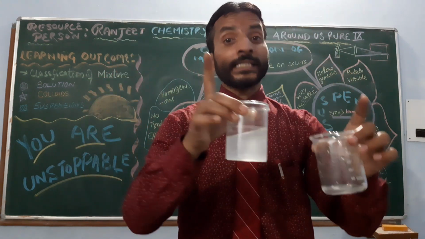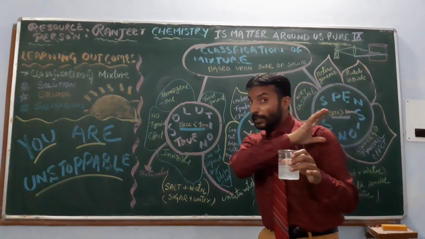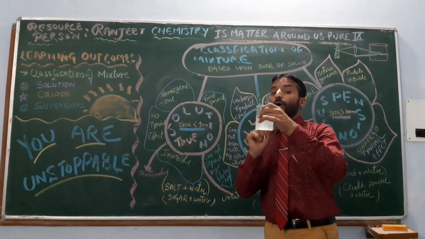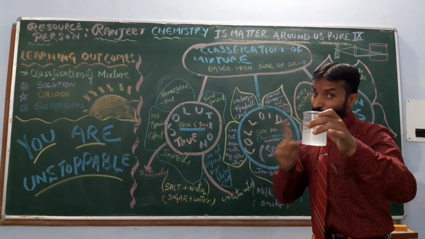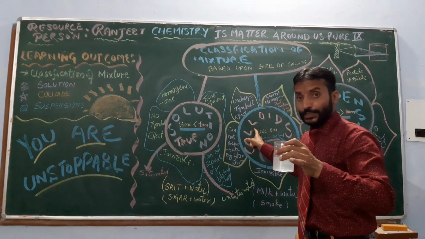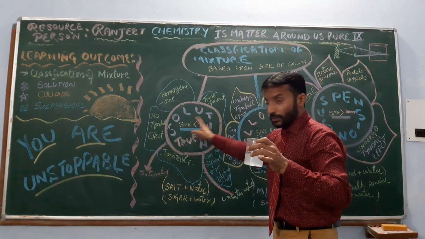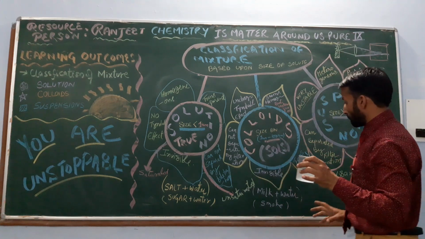So we cannot separate them. What is the conclusion? We cannot separate the particles of the colloidal solution, but it shows the Tyndall effect. How are they differentiated here? The size is different, and the colloidal solution shows the Tyndall effect, while a true solution does not show it at all.